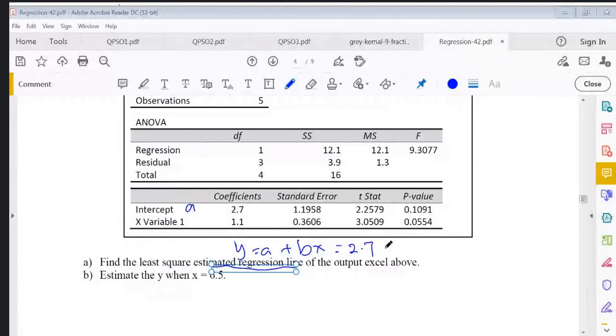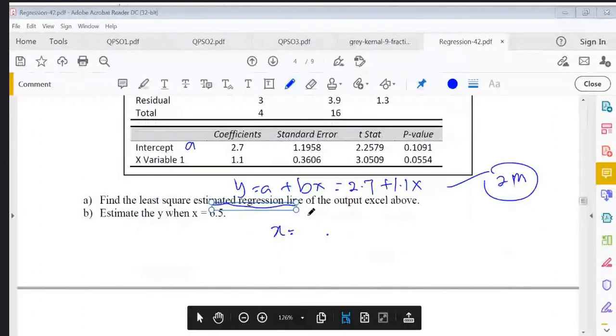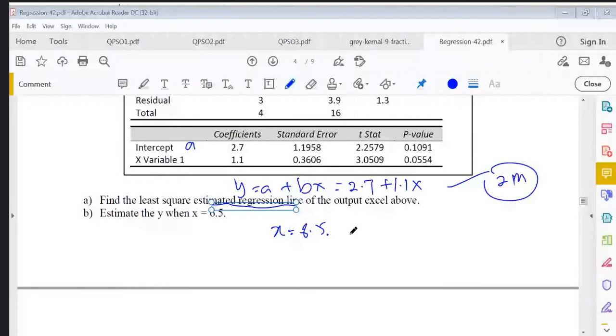When X is 8.5, we get Y equals 2.7 plus 1.1 times 8.5.